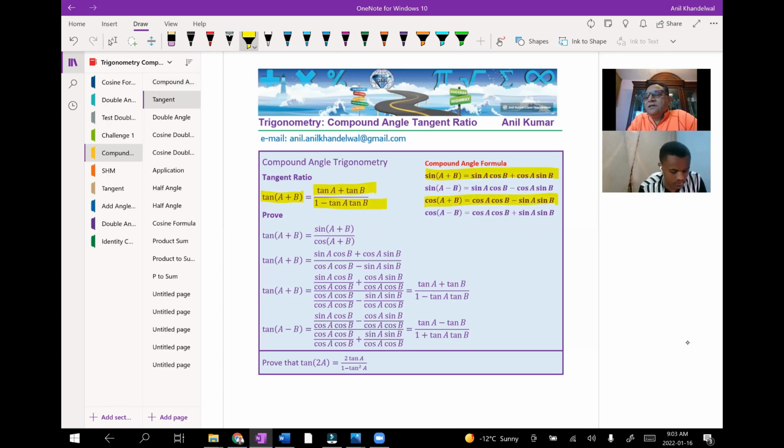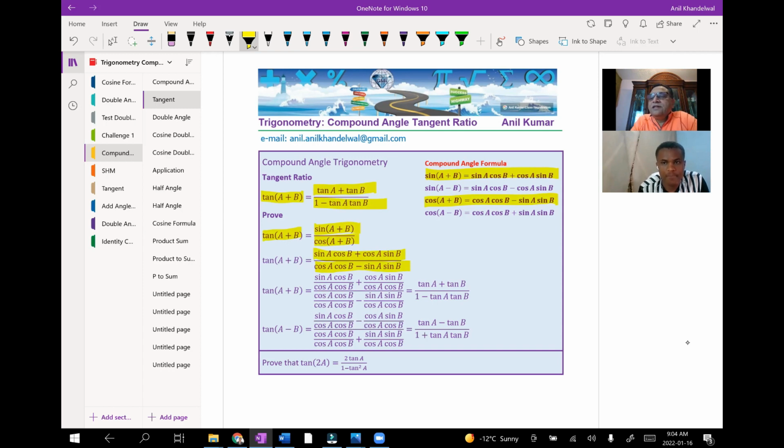So tan basically is the ratio of sine and cosine. So if I have tan A plus B, I could write sine A plus B over cosine A plus B. Sine A plus B is sine A cos B plus cos A sine B divided by cos A cos B minus sine A sine B. So that is the ratio.